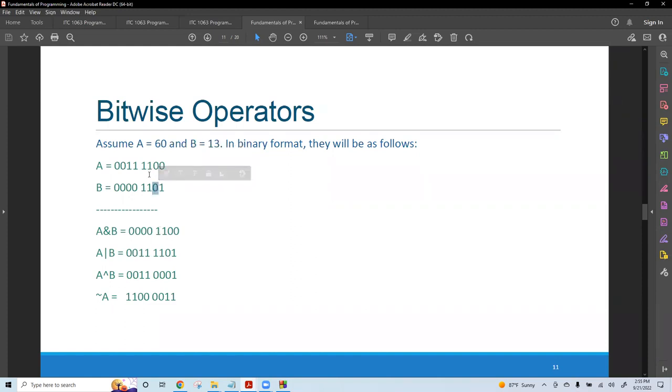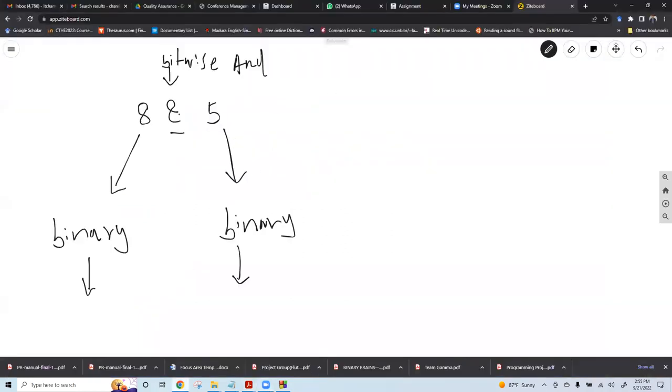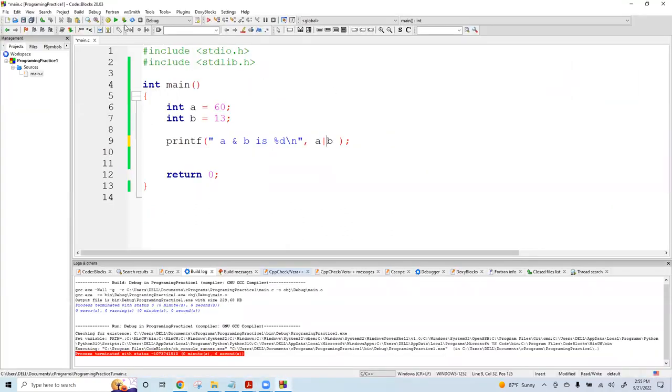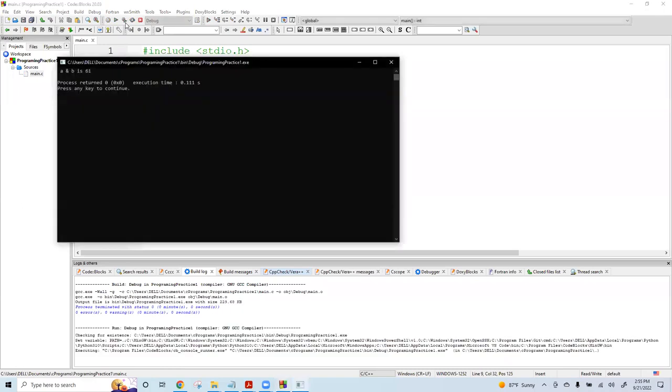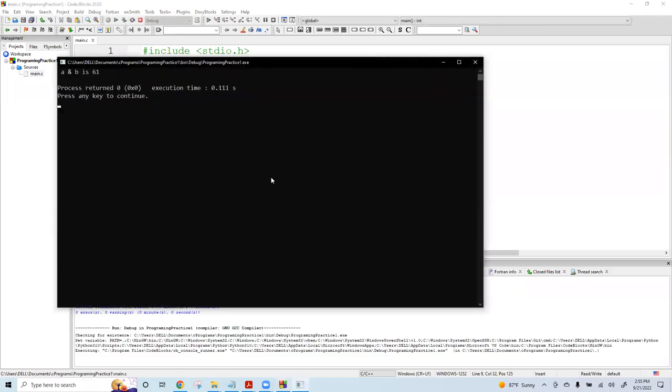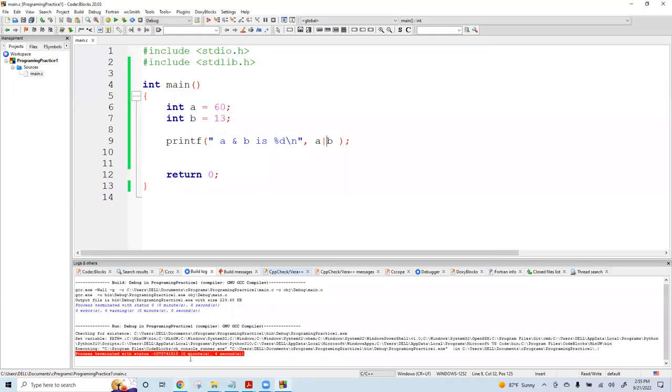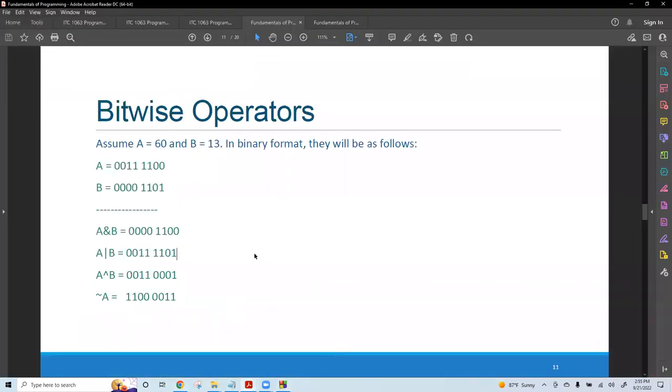So in this case 0, 1, 1, 1, 1. This one would be the result. The answer would be 61. You can check whether this one is 60.